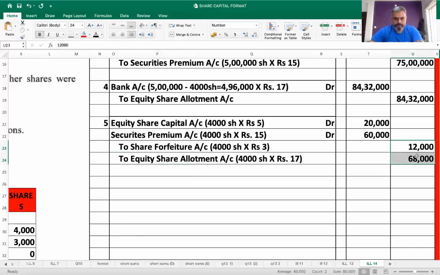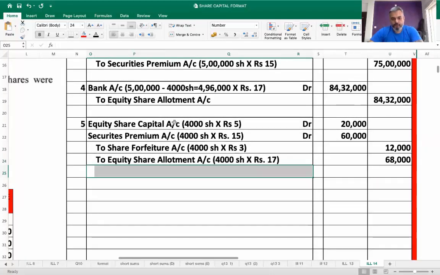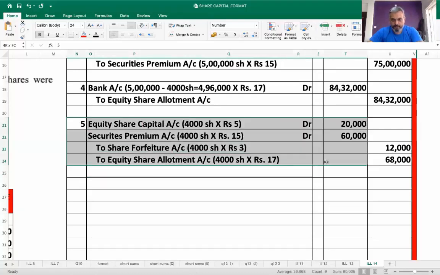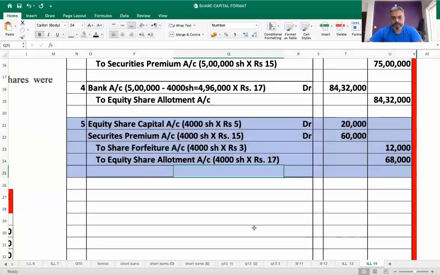Always check. So we have forfeited these shares before making the first call. This is important. Before making the first call. Now we are not reissuing right now, so we don't have to do anything.